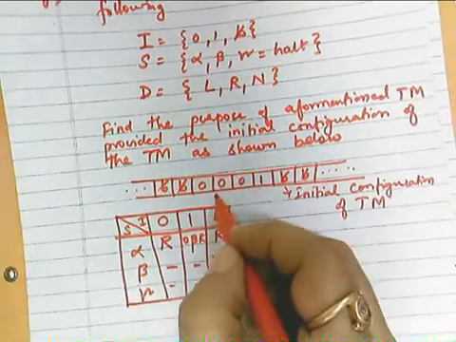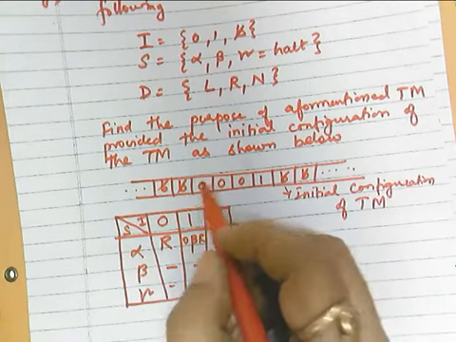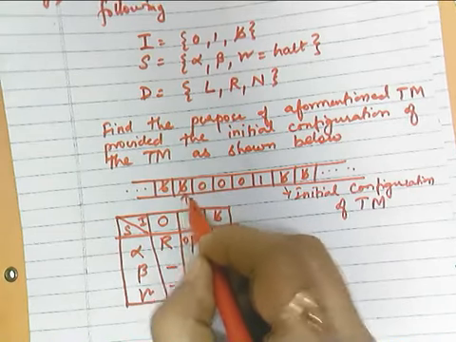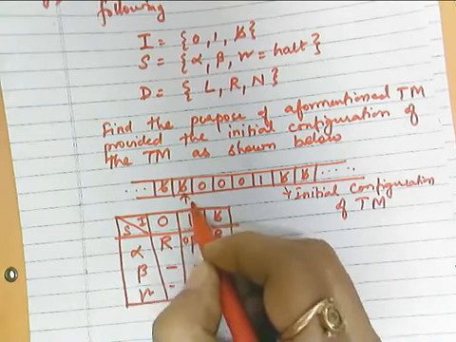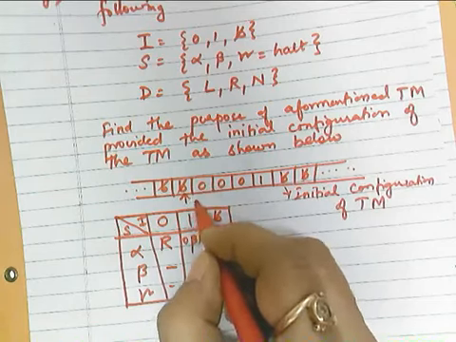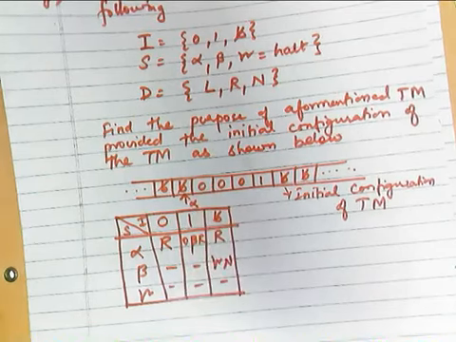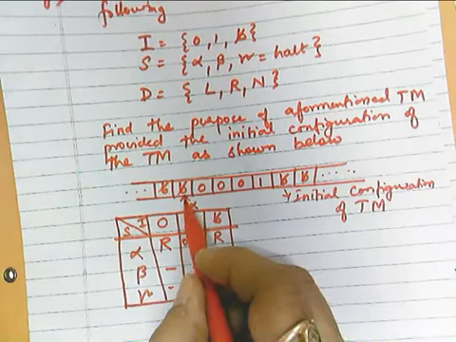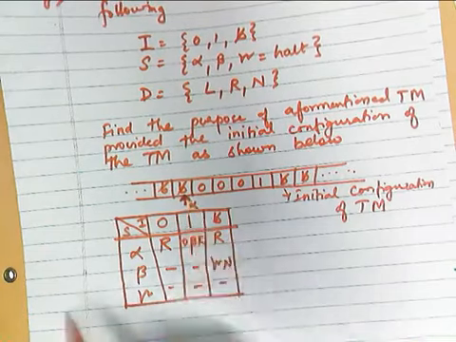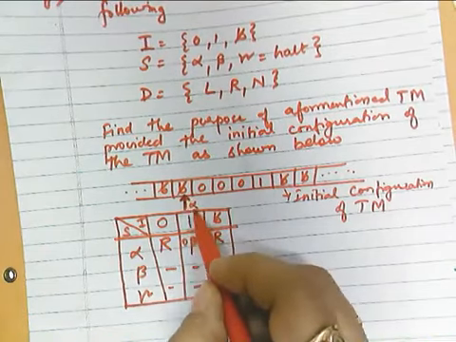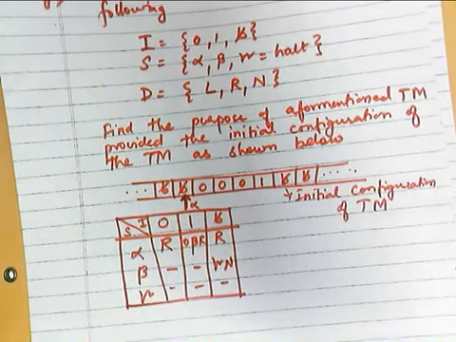Now if we are saying ID, then it is necessary that we have the information of where the head is located and what the current state is. So here the head is located at the blank and the current or initial state is alpha.